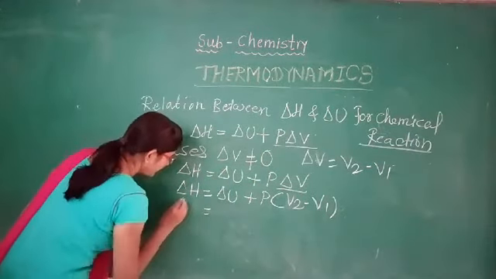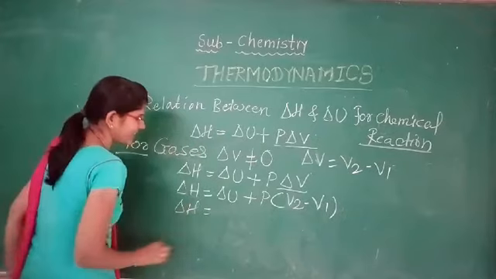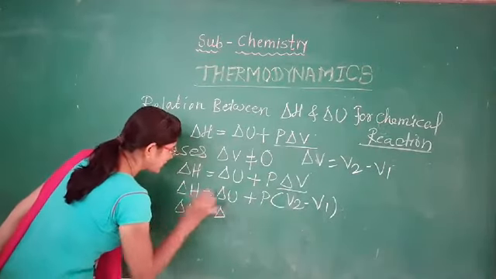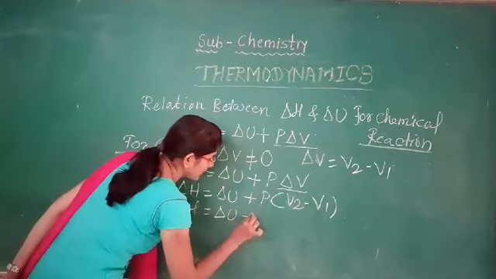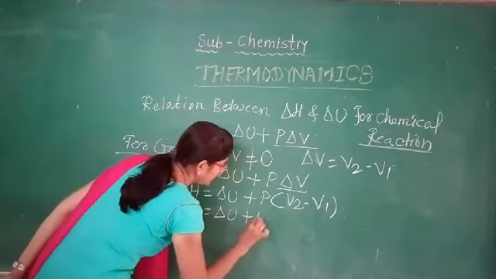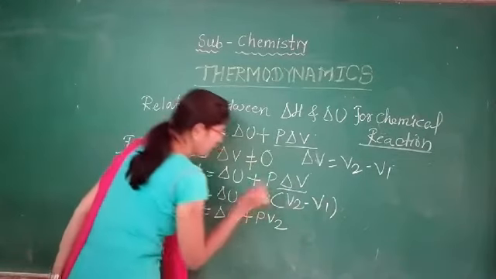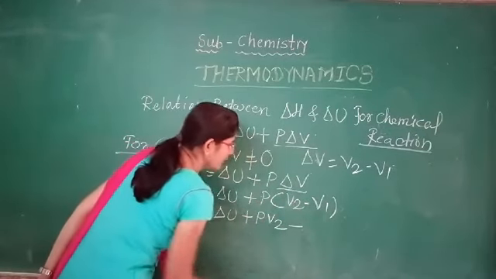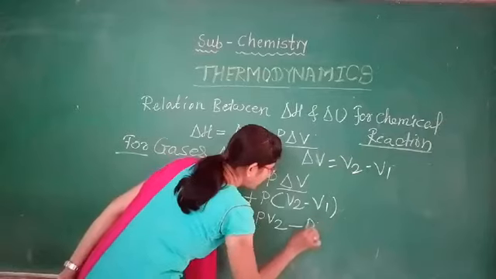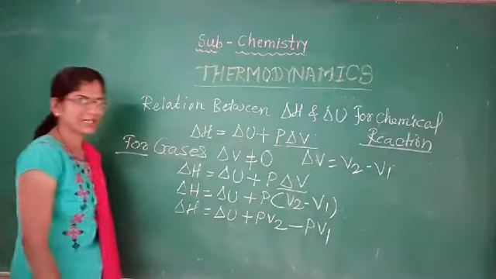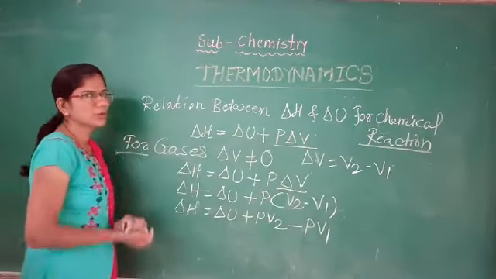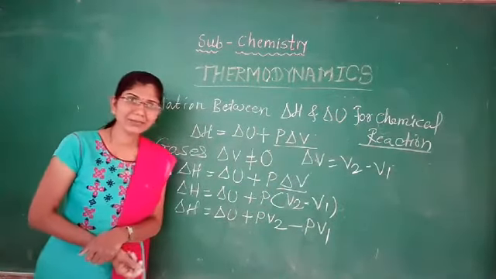Next, if we solve the bracket, delta H is equal to delta U plus P V2 minus P V1.